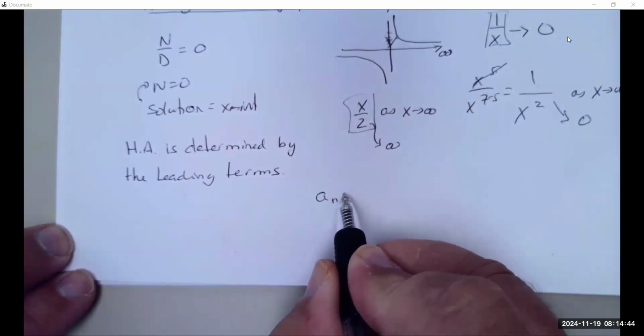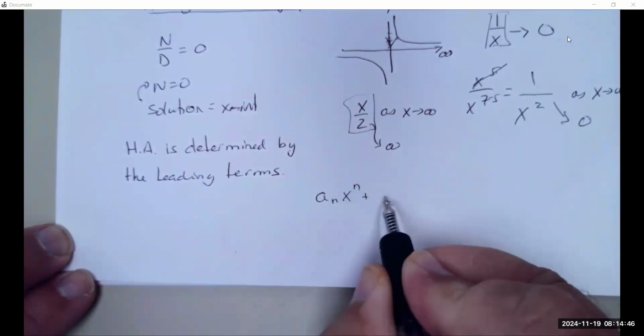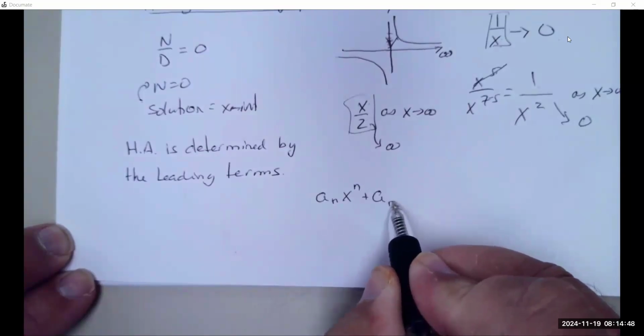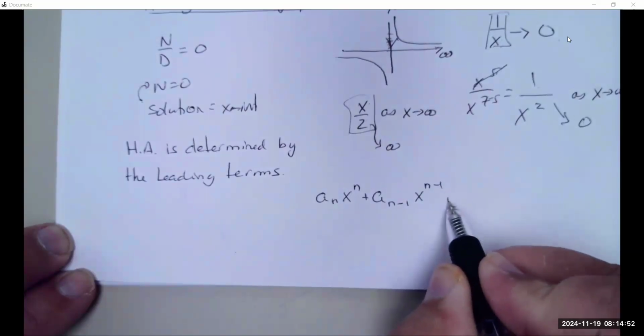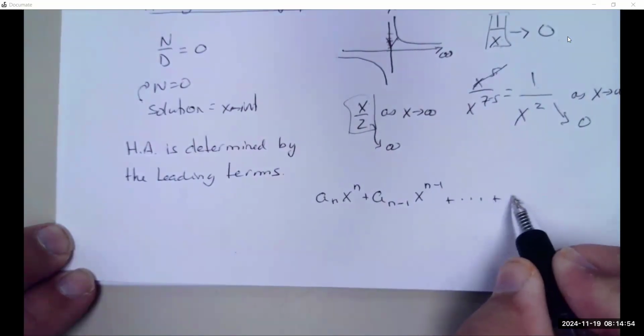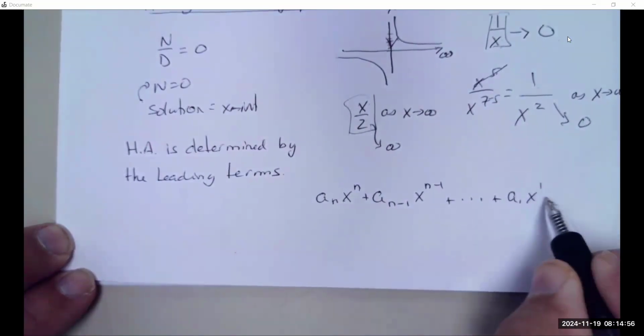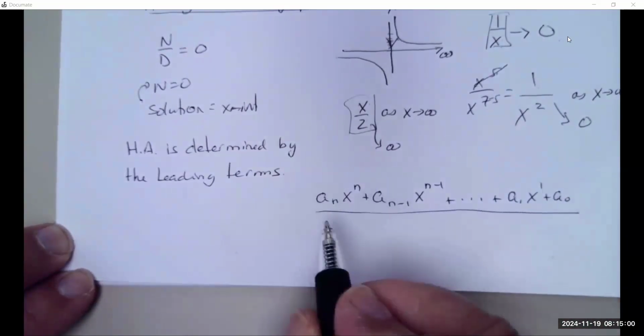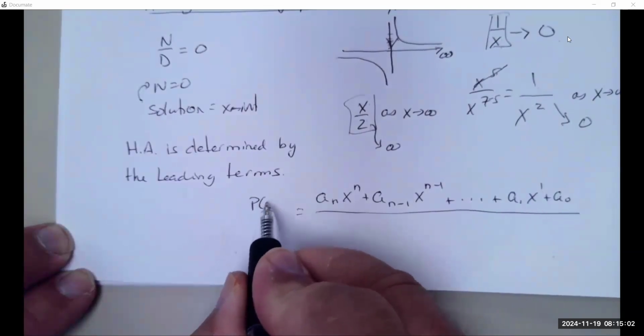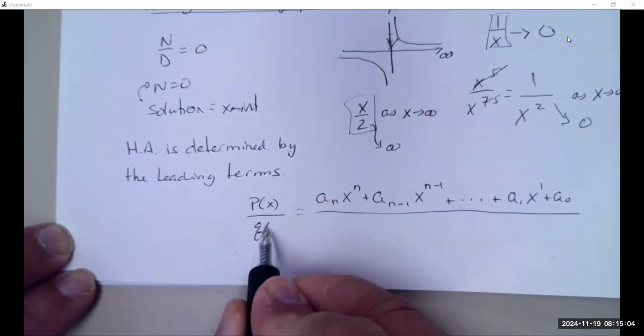So let me show you two separate polynomials. So that's P of x over Q of x.